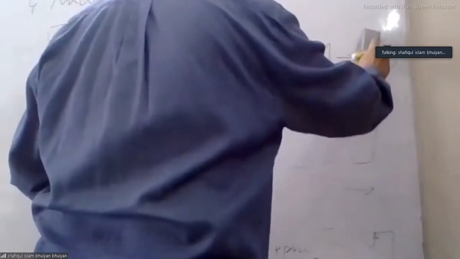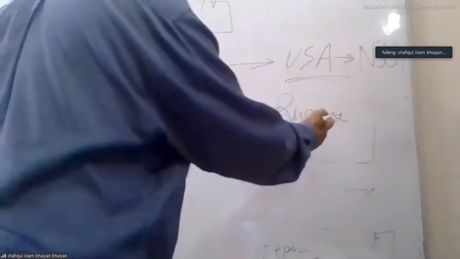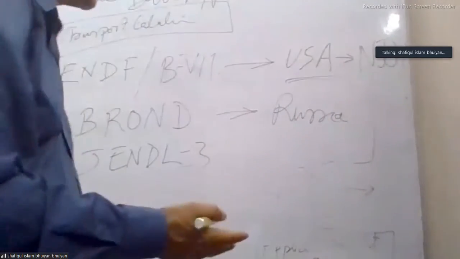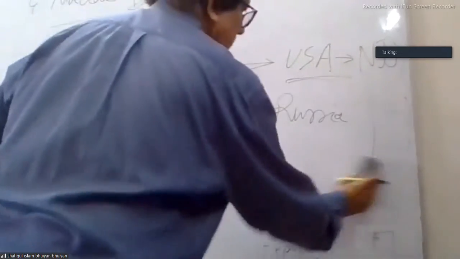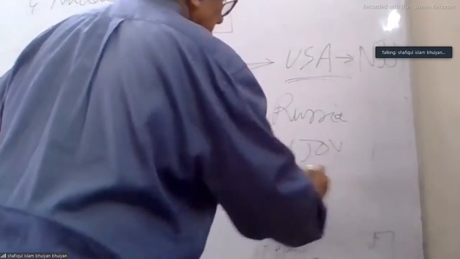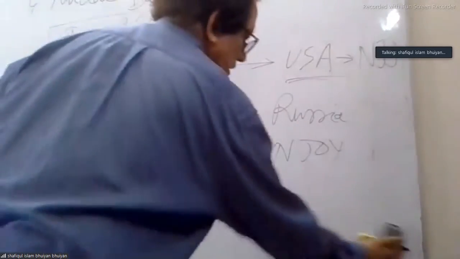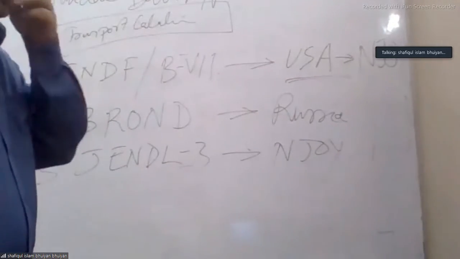I did not use NJOY first. It was something else. NJOY. And Russia has its own processing codes. I don't know what they are. And then JENDL also uses NJOY. This is the most beautiful code, and there are something like 30 computer codes in it.